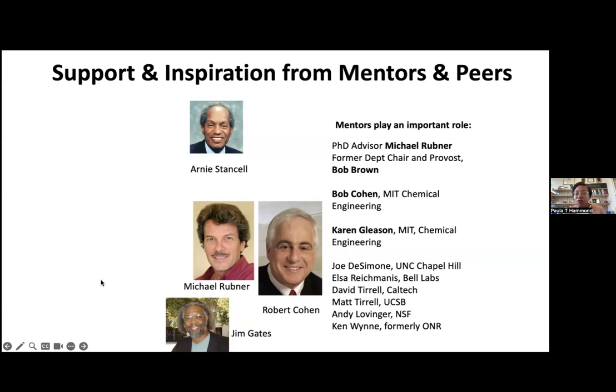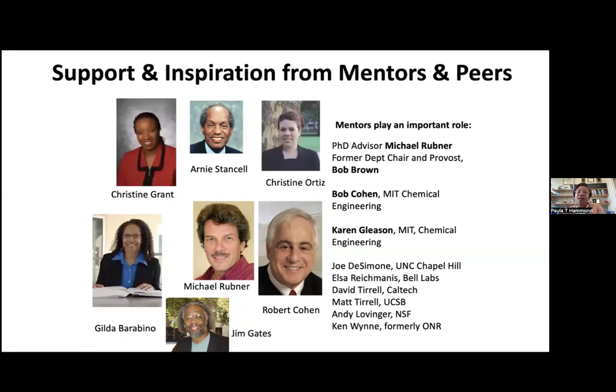Jim Gates was one of the few Black professors that I knew at the time at MIT, and was a great friend and colleague. A lot of the people that were my mentors were also my friends because you learn from your peers as well.